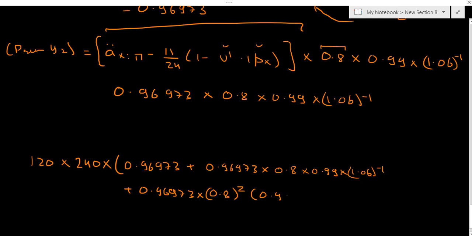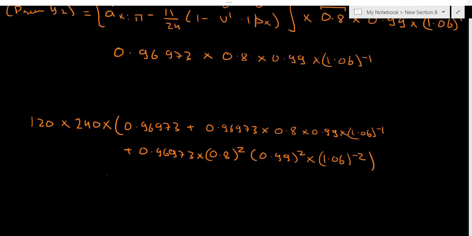This would be 0.99 squared because they'll have to survive for 2 years, and this would be 1.06 to the power of minus 2. So this is how it works, and if you evaluate this, it comes out to be 64,387 pounds, and that is your answer for this question.